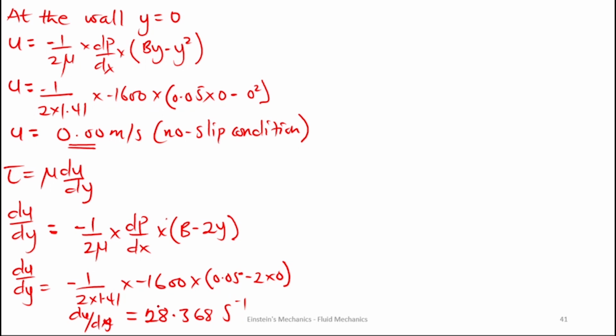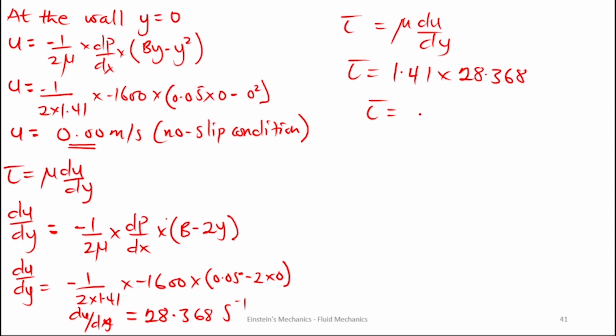Are we okay? So this is the strain at 0. Therefore, my shear at the wall is going to be mu du dy, and that is going to be 1.41 multiplying 28.368. Shear is going to be 40 Newton per meter square or Pascal.